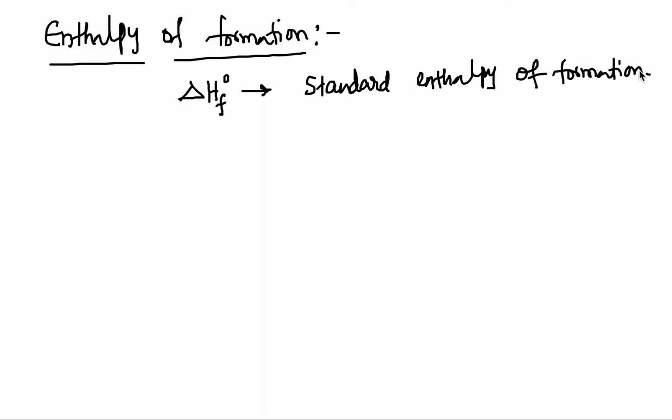The product is 1 mole of that compound at standard state, and the energy associated with the formation of 1 mole of compound from its constituent elements is known as the enthalpy of formation of that compound. And we already know that the standard enthalpy of formation of constituent elements, as per definition and arbitrary selection, is 0. Therefore, now let's read the definition first.